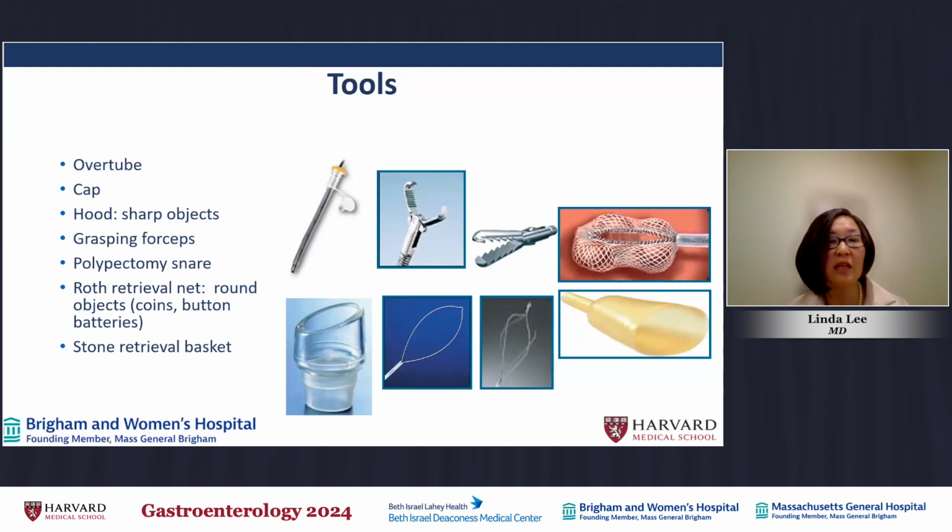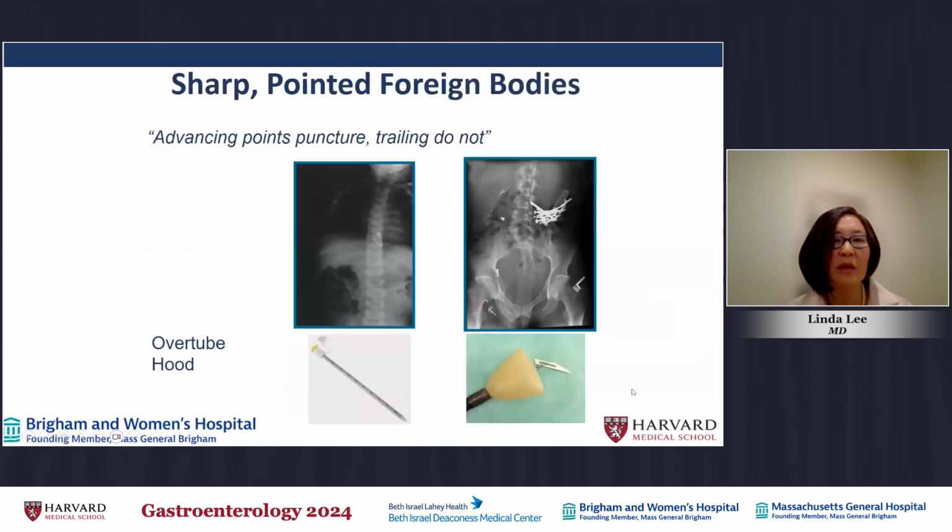You want to review all the available tools, plan and practice. This is certainly not an exhaustive list of the equipment that's available, but these are things that you should know where they are and how to use. Example of an overtube there. Caps can be very helpful in food impaction, which I'll talk about in a minute. The hood is fabulous for sharp objects to protect the esophagus, and there are various different grasping forceps, a retrieval net, and different snares as well.